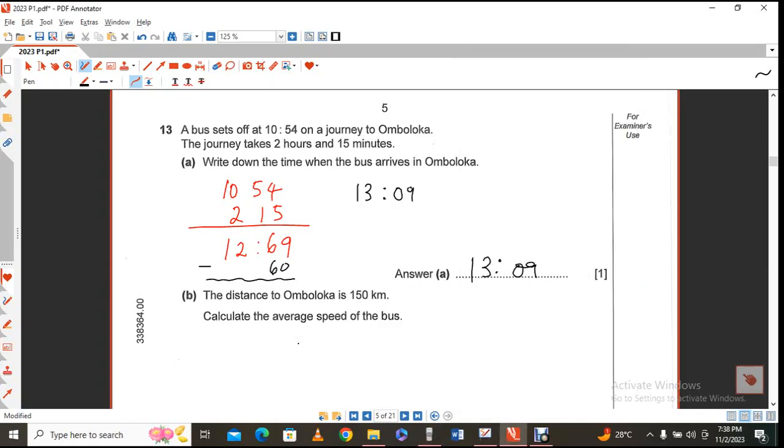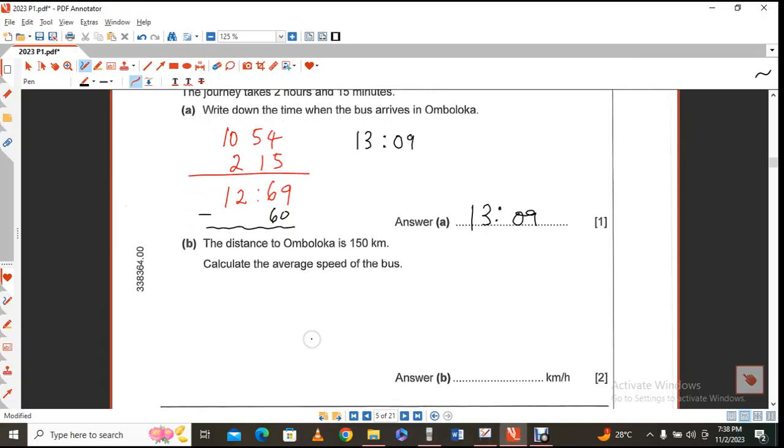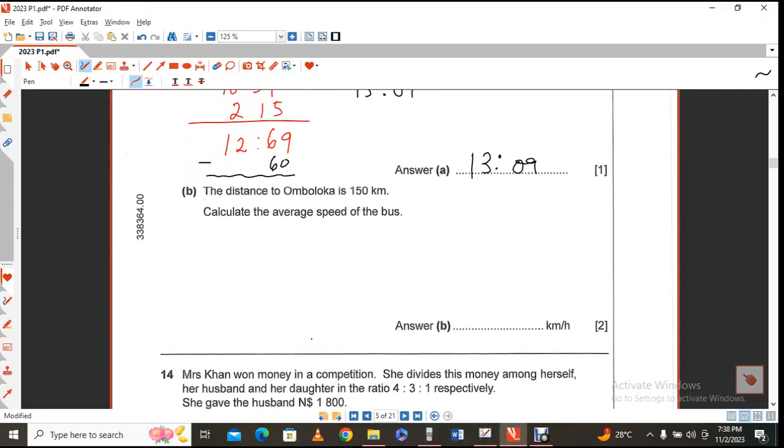Now, part B, they say the distance to Omboloka is 150 kilometers. You are supposed to calculate the average speed, and remember, average speed is the total distance, in this particular case 150 kilometers, divided by time. That's what km per hour means here, kilometers divided by the time. So you already have your guide over there.